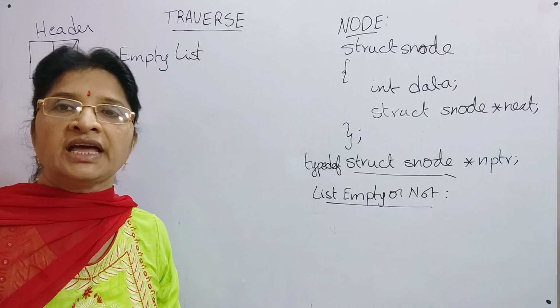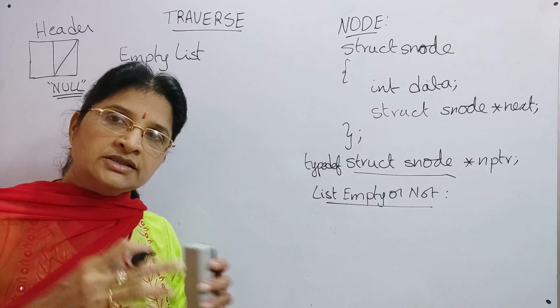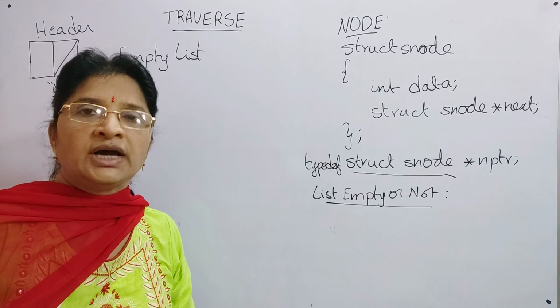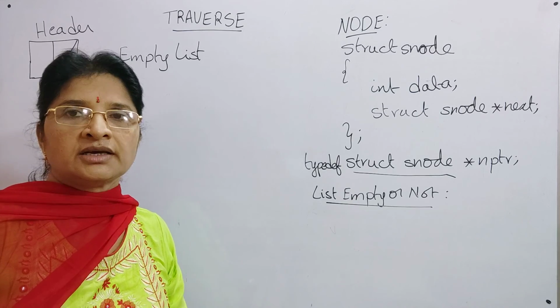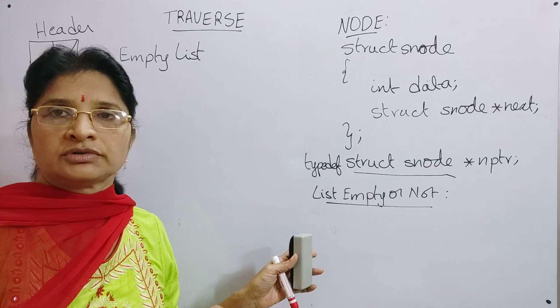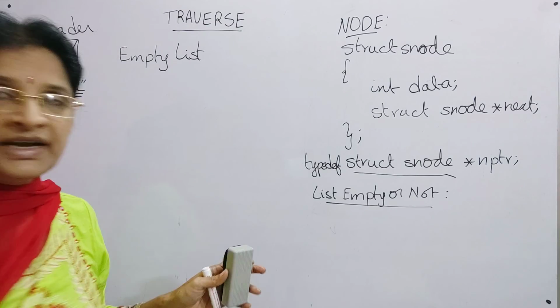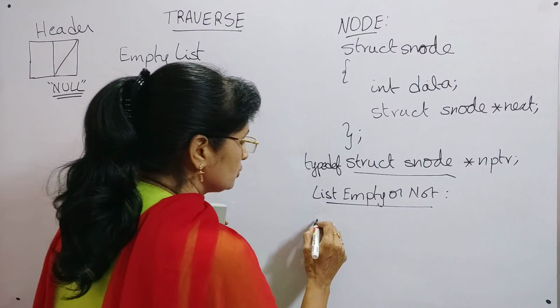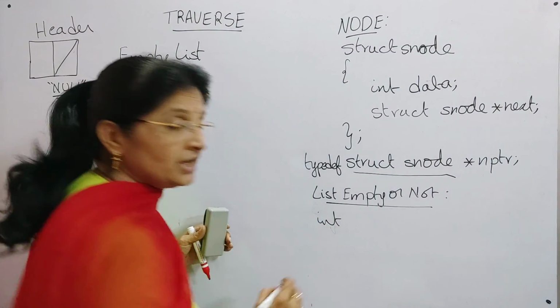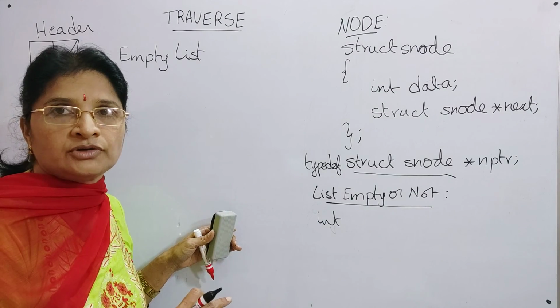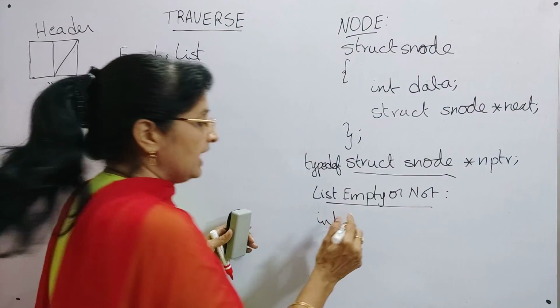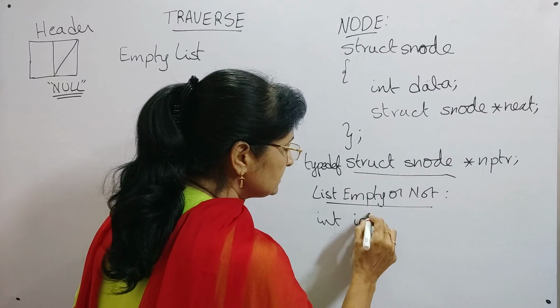If it is empty, then it will return 1, that is 1 or true, and if it is not empty then it will return 0. So you can write the function. What will be the return type? It will be integer. So the return type is int and the function name is empty.